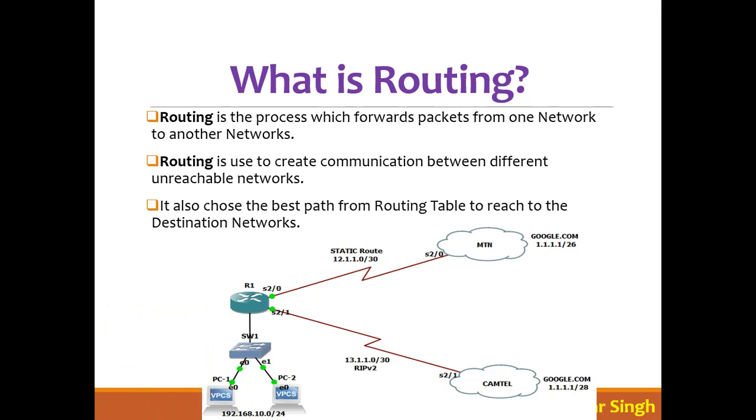Suppose this PC wants to go to Google, but Google can be reached from this ISP and also this ISP. When my packet comes to router 1, router 1 will forward that packet this way or this way. It will be determined according to the metric. Whichever has the lowest metric, it will forward through that. But different protocols have different metric calculations.